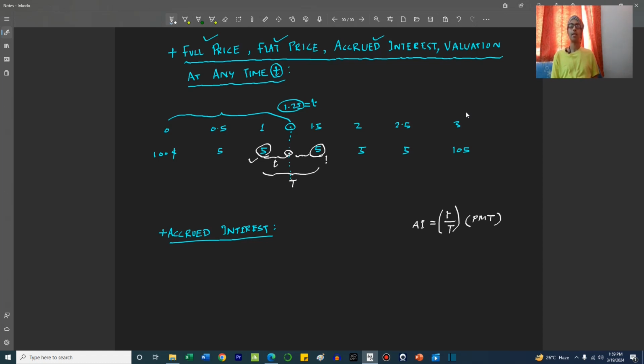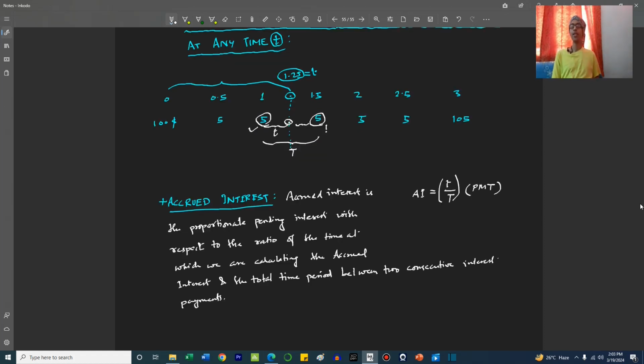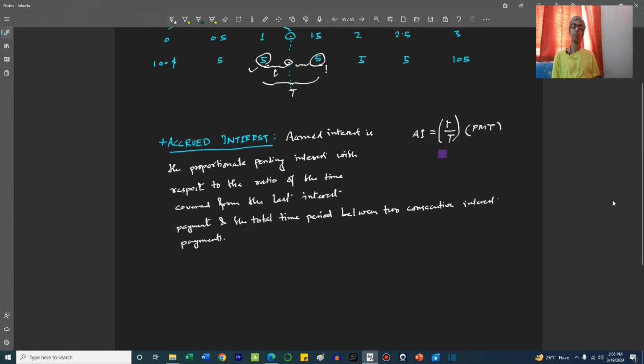So let us define it. Accrued interest is the proportion of the unpaid interest that is due based on the interim time period on which we are calculating the accrued interest. Accrued interest is the proportionate pending interest with respect to the ratio of the time at which we are calculating the accrued interest and the total time period between two consecutive interest payments.